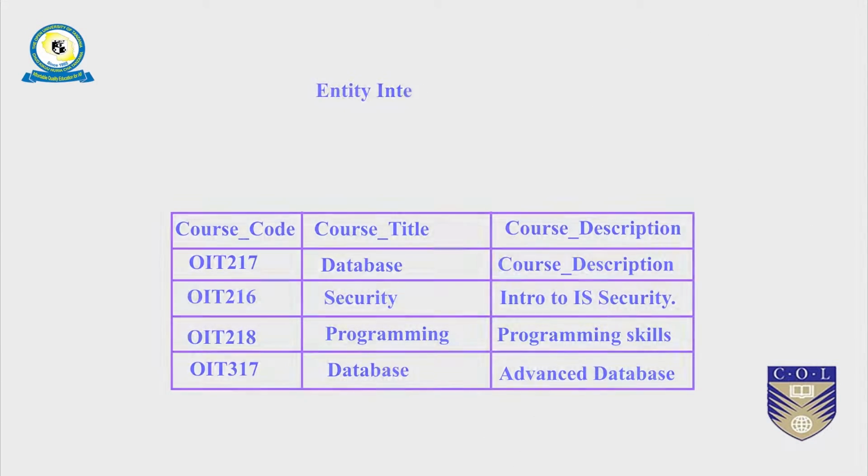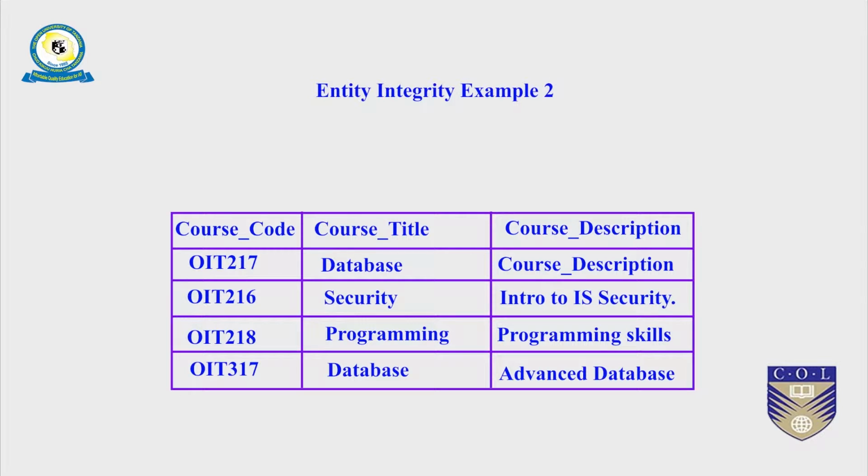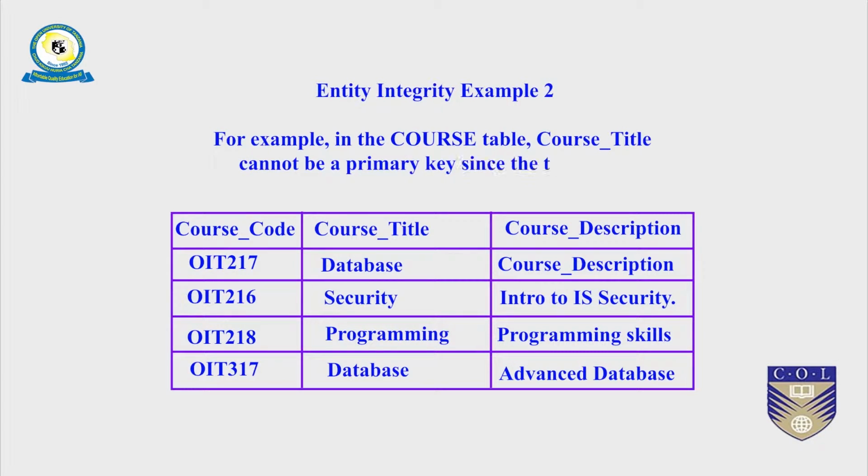Let us look at another example of a course table, where you've got 3 columns or 3 attributes. You've got course code, course title, and course description. You cannot choose course title or course description to be a primary key because these can change at any time and can be similar.